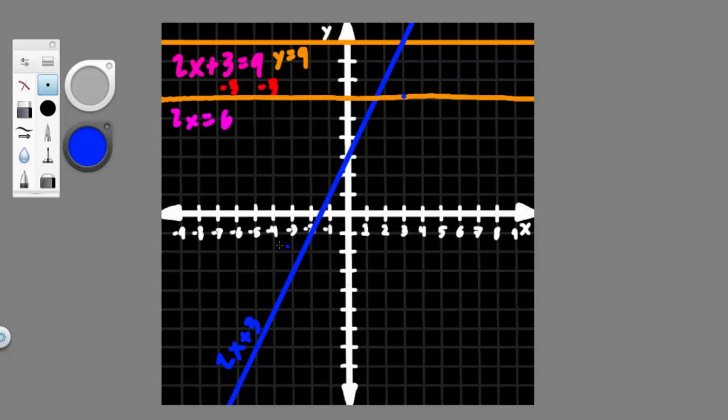And if it was at negative 3, it'd be at negative 6: negative 1, 2, 3, 4, 5, 6. So we can draw a line through those two points. Sorry that it's drawn so crooked, but this is just the line of 2x. There's no plus 3 anymore. And this is showing y equals 6.